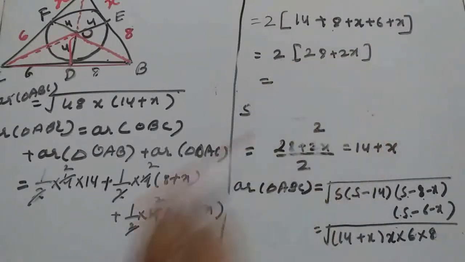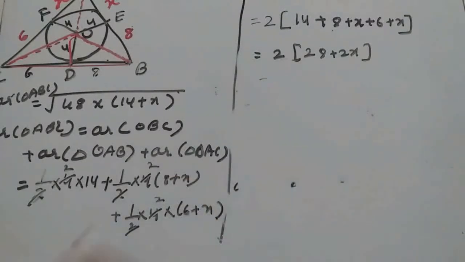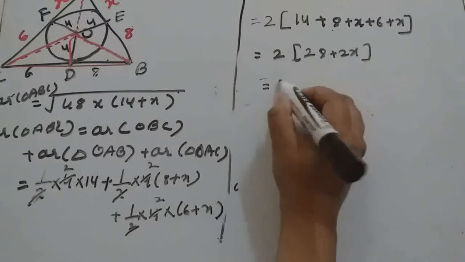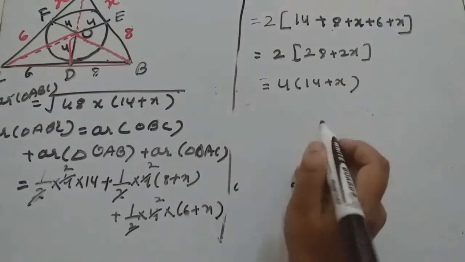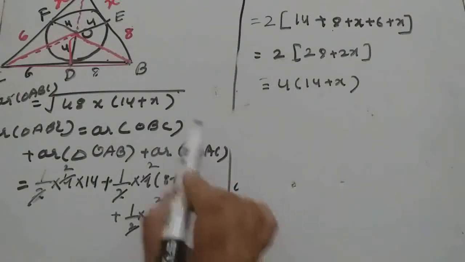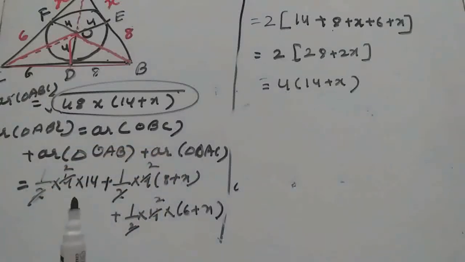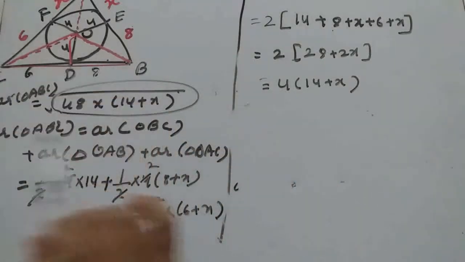Then we can take 2 common again, so 4 into 14 plus x. This is the area by this method, and the other area is by Heron's formula. Both should be equal because both are the area of the same triangle.